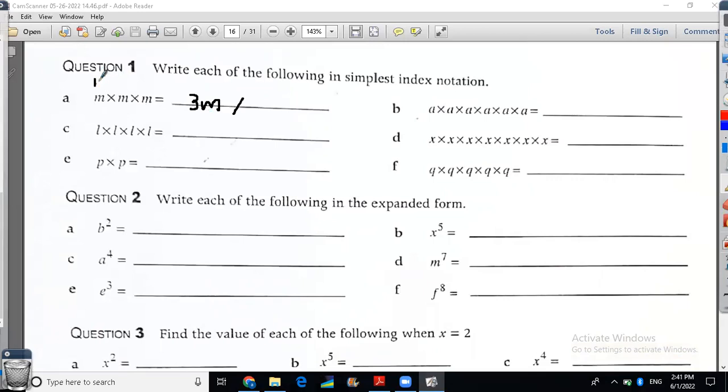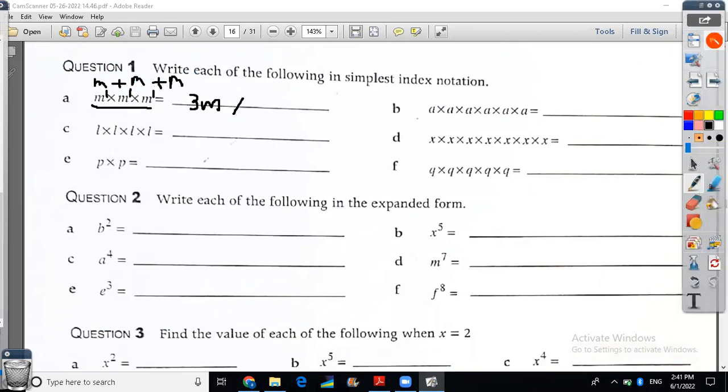Because M plus M plus M is 3M. Yes, but M times M times M, we're adding the powers here. This is to the power of 1, this is to the power of 1, this is to the power of 1.